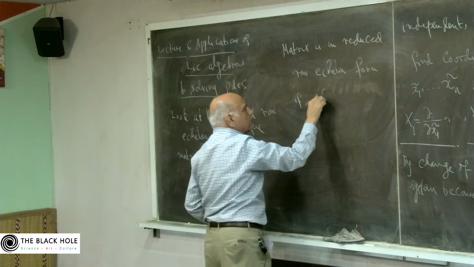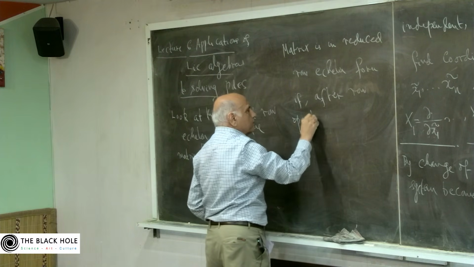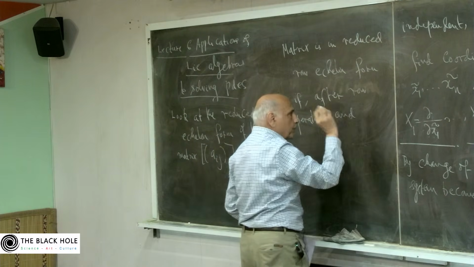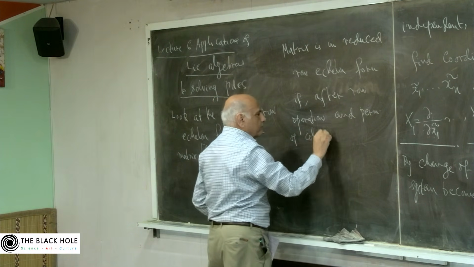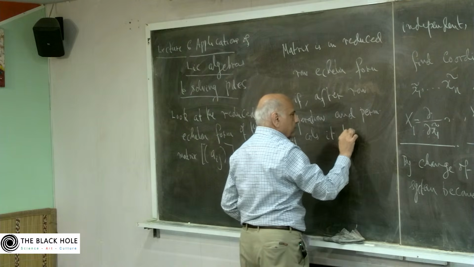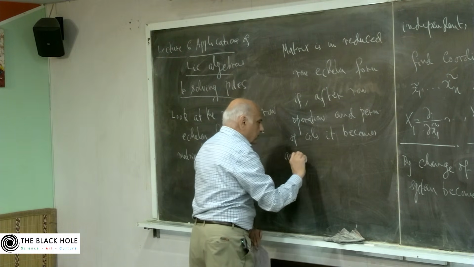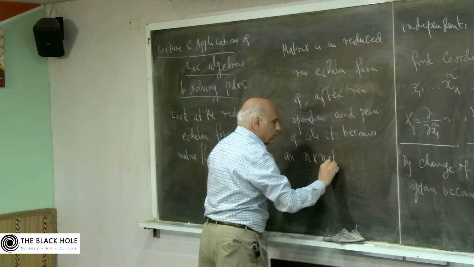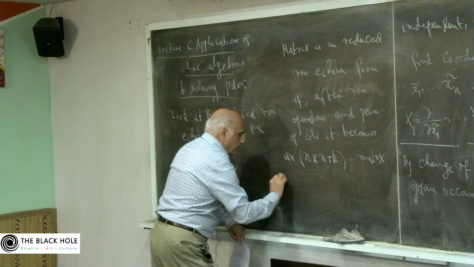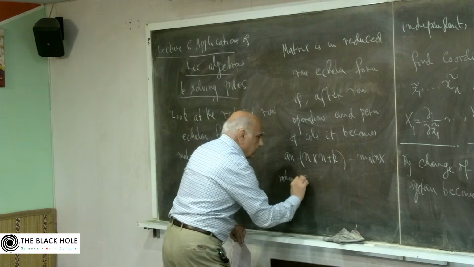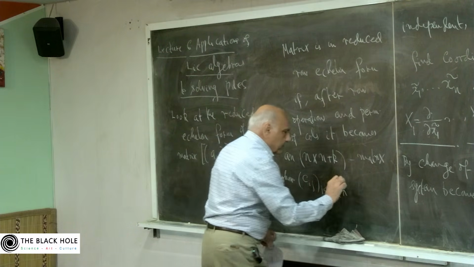If after row operations and only permutations of columns, it becomes an n cross n plus k matrix, where C ij, varying from 1 up to n, is the identity matrix.